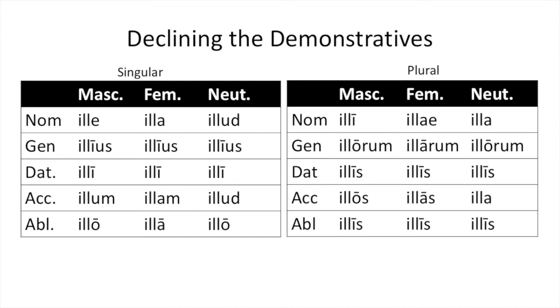So make sure you note that those two cases in number, the genitive and dative singular, are a little bit different than what you'd expect, but otherwise they're generally the same as first and second declension adjectives. Once you've copied all of these down, you can resume the video.